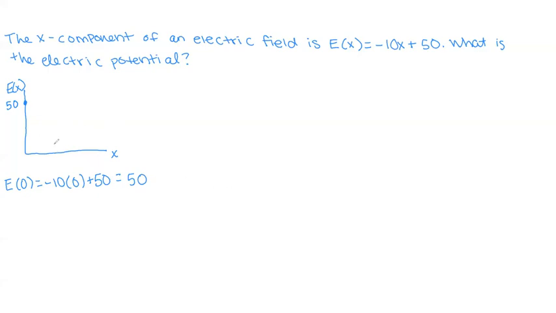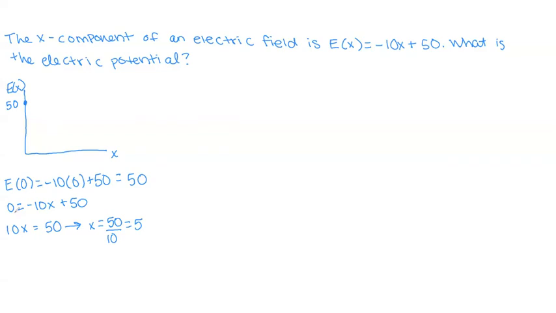Okay. Next, we're going to find the x-intercept. So let's see where E of x is 0. So let's say 0 equals negative 10x plus 50. You can find any 2 points you want. I'm just finding these because they're easiest for me. So if we bring this negative 10x to the other side, we get 10x equals 50. And this means that x equals 50 over 10, which is 5.